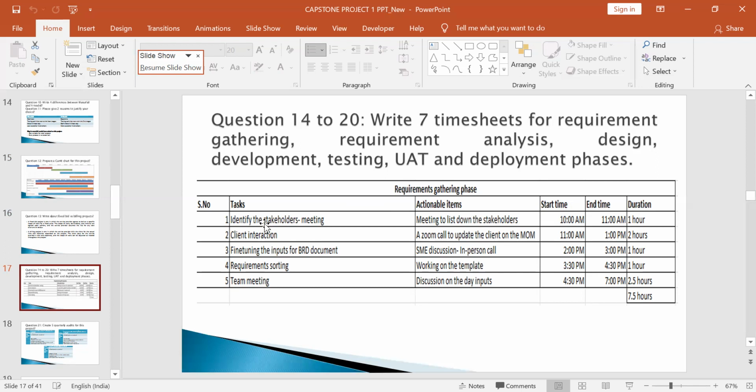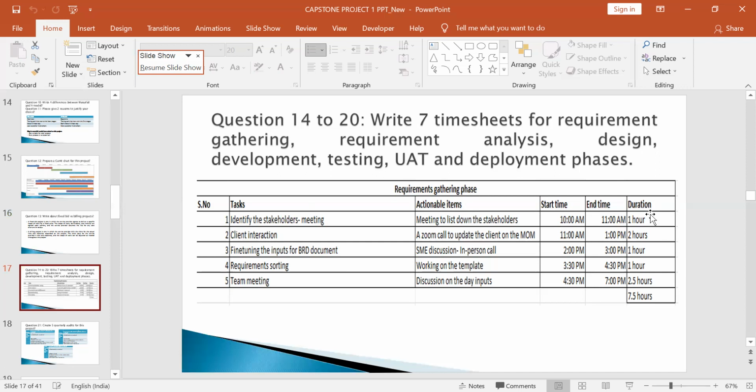You identify the stakeholder meeting, and the actionable item is listing down the meetings from the stakeholder. You started at 10 o'clock and ended at 11 o'clock. You have to keep that time, and the duration, like 1 hour or 2 hours.